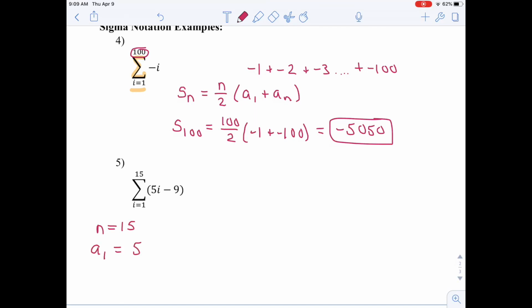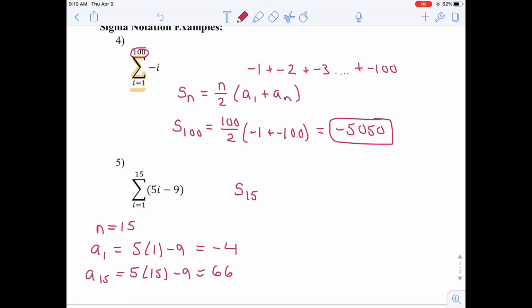We can find the first term, it would be 5 times 1 minus 9, so negative 4. We can find the 15th term, 5 times 15 minus 9, and we get 66.